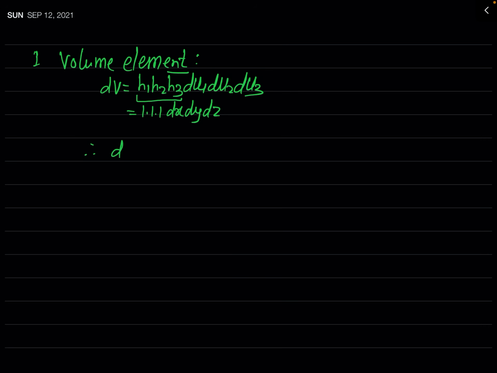Therefore, the volume element in Cartesian coordinate system is simply given as dx dy dz. This is the simplest expression for the volume element, but vividly used.